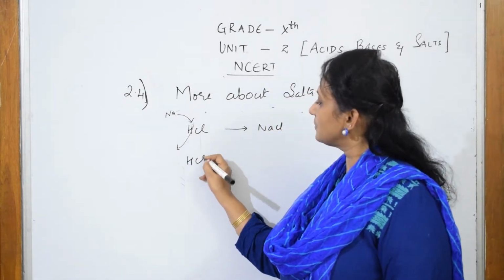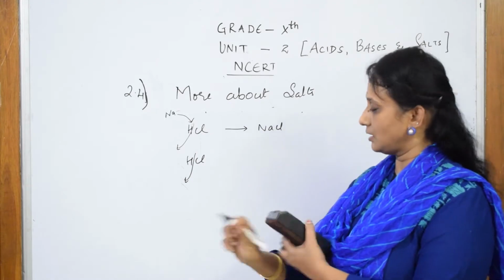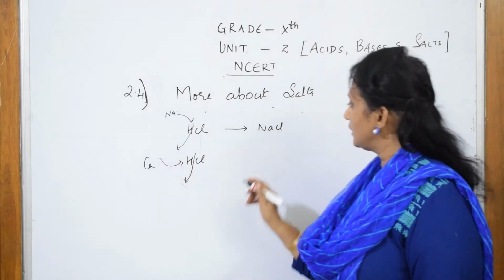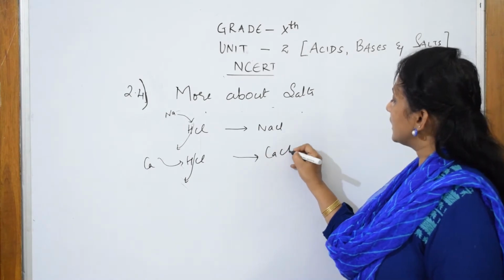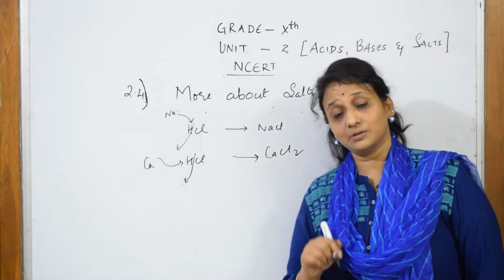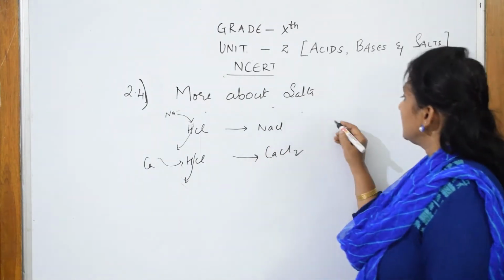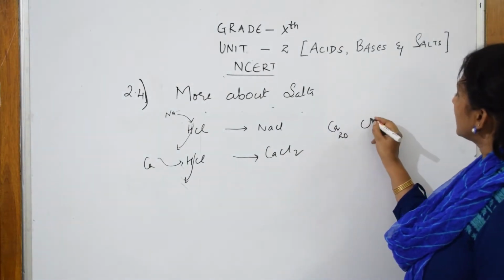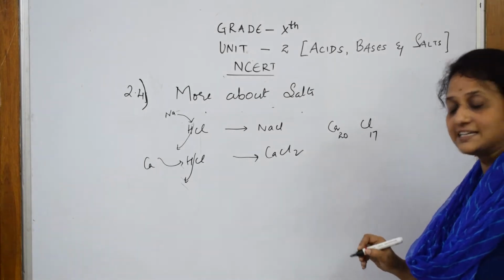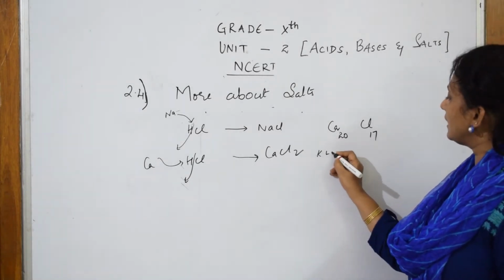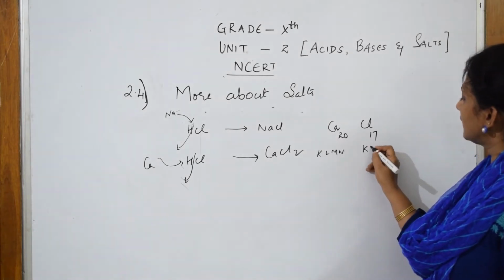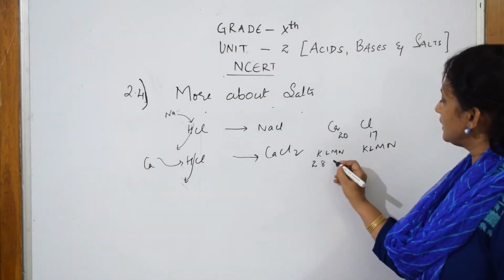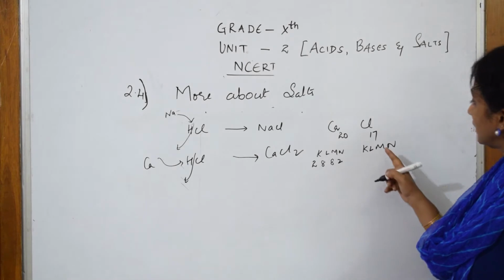One more thing we'll do. I take HCl and introduce calcium, so it will become calcium chloride. Ma'am, doubt: how did I get 2? Let us see. Calcium has atomic number 20 and chlorine has atomic number 17. Let us divide into K, L, M, N shells. Calcium is 2, 8, 8, 2.